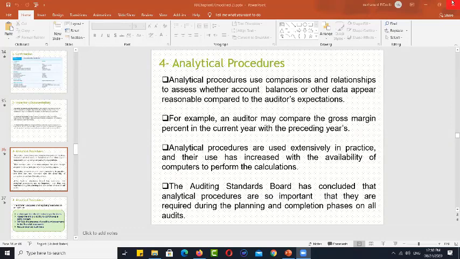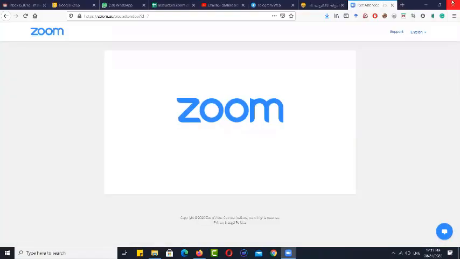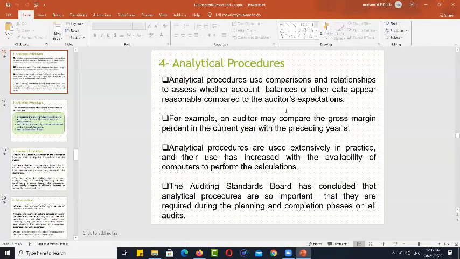What about unusual items? Unusual items means you are going to look for unusual transactions. We are going to check for the unusual transaction. For example, the company's first year doing foreign currency transactions.